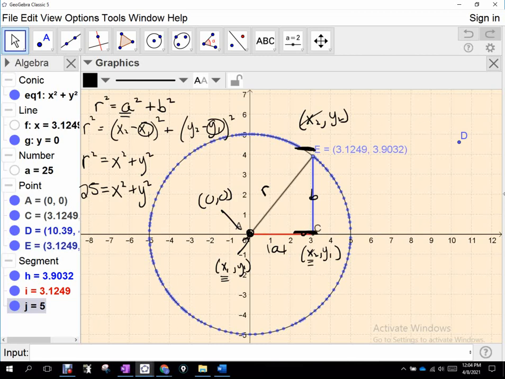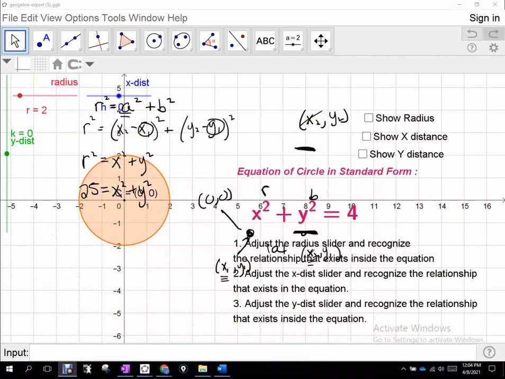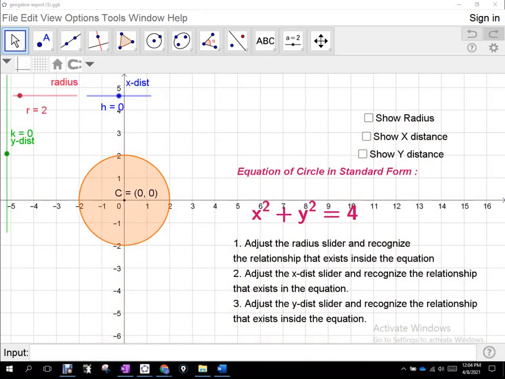And a radius is always going to be the hypotenuse of some right triangle in the coordinate plane. So knowing that connection, we get the geometric equation for a circle from the Pythagorean theorem. So that is why we get the equation.